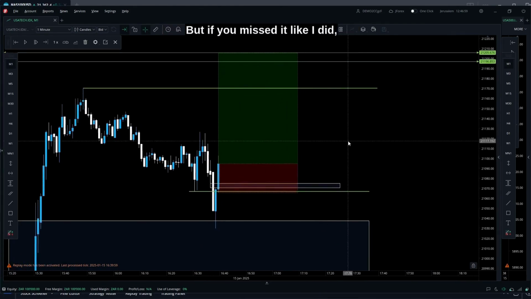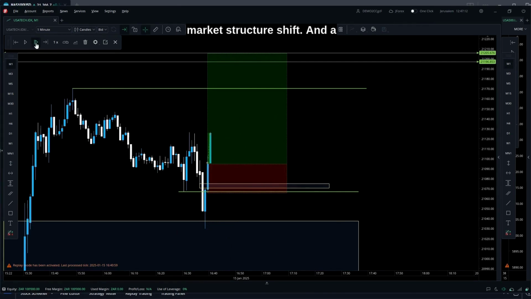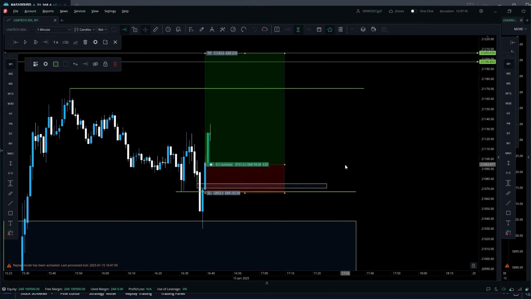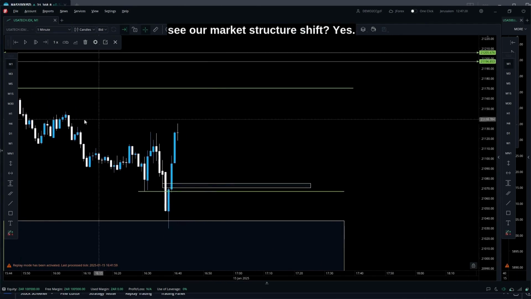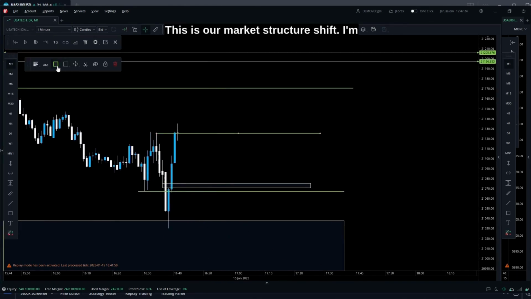But if you missed it like I did, our second strategy, which is the triple S strategy, is where we wait for a market structure shift and a tap into a fair value gap. So do you see our market structure shift? Yes, this is our market structure shift.